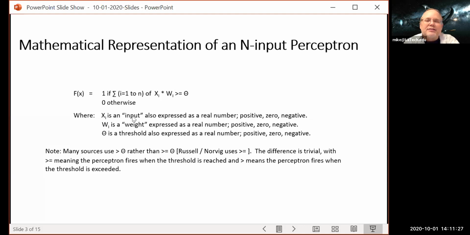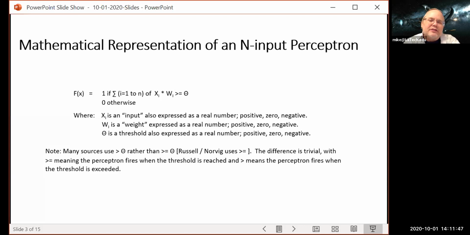Again, x is the input, expressed as a real number, positive, 0, or negative. All of the w's are weights, expressed as a real number, positive, 0, or negative. Theta is a threshold, also expressed as a real number.